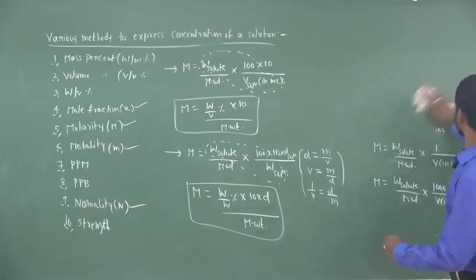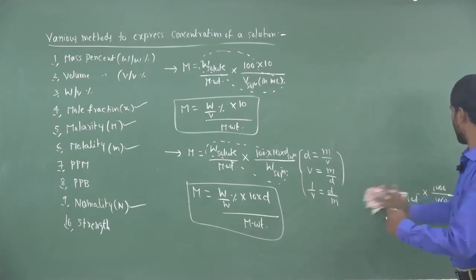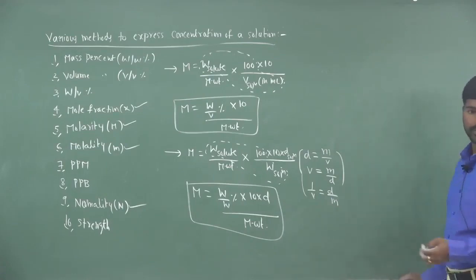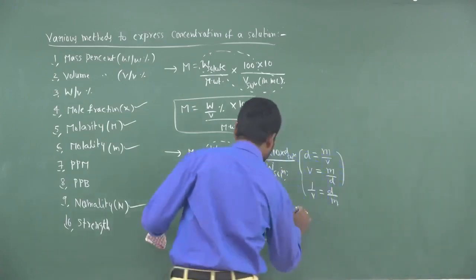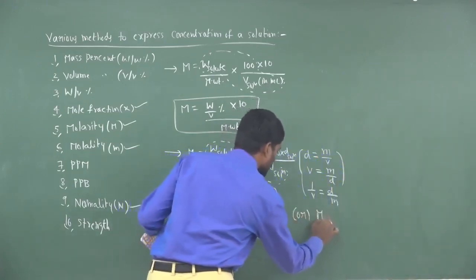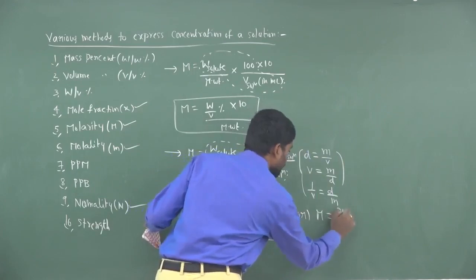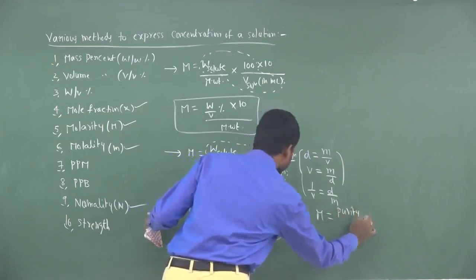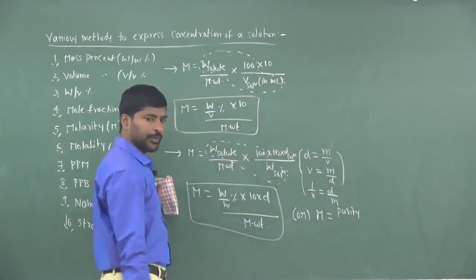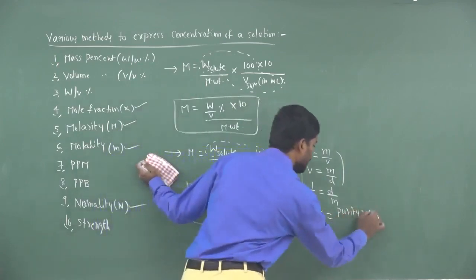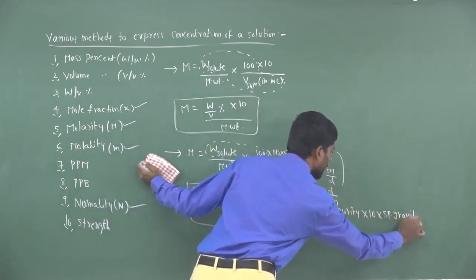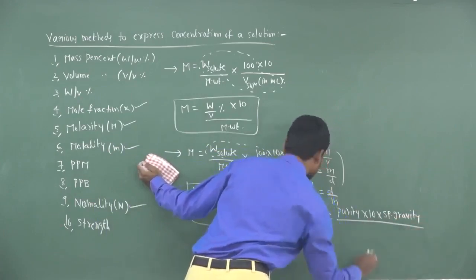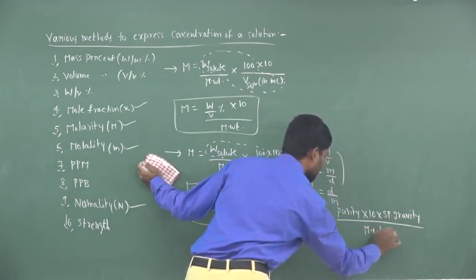Okay, these are the various expressions we have for molarity. In some of the books they have given it like this: molarity is equal to weight by weight percentage, given as purity, into 10 into specific gravity by molecular weight.